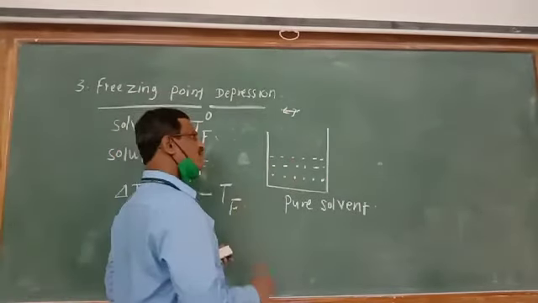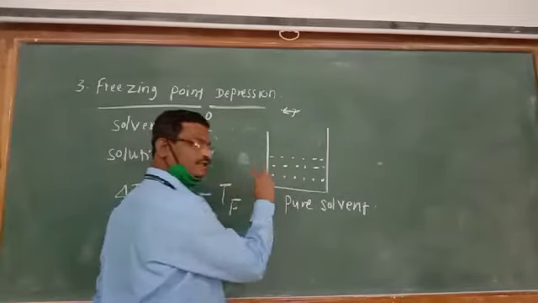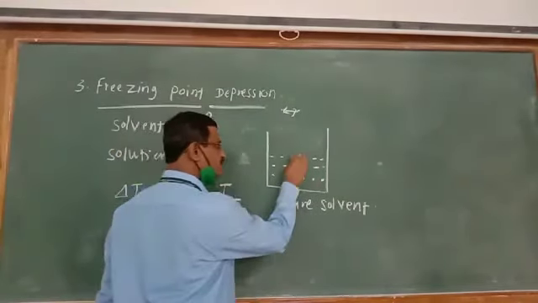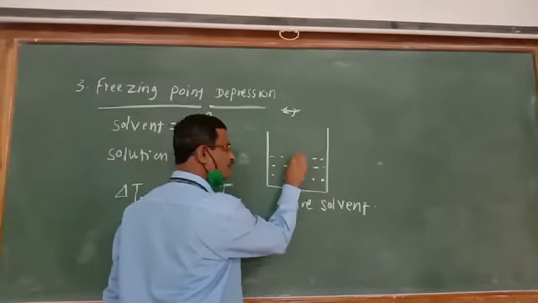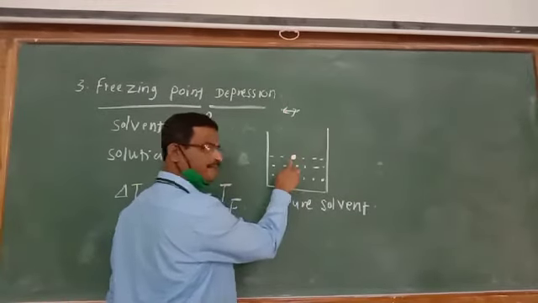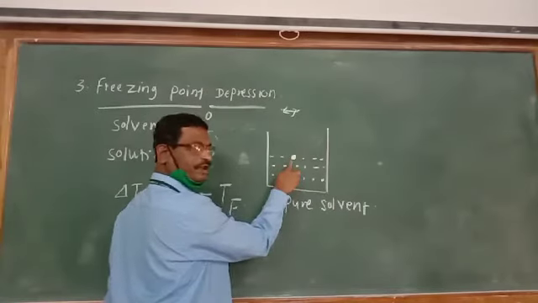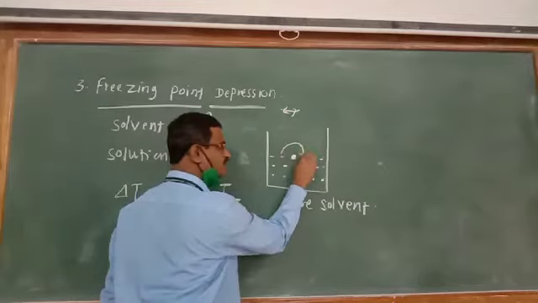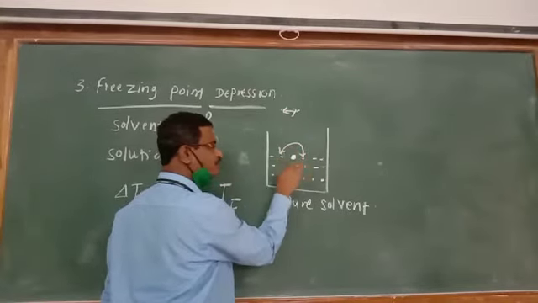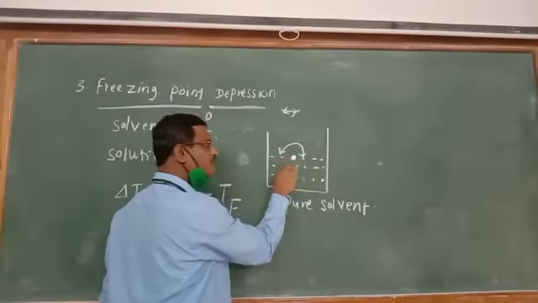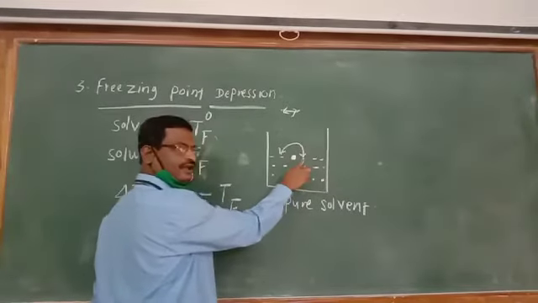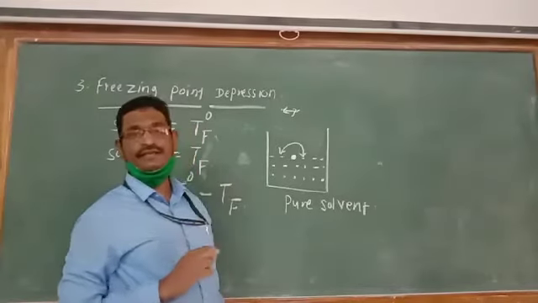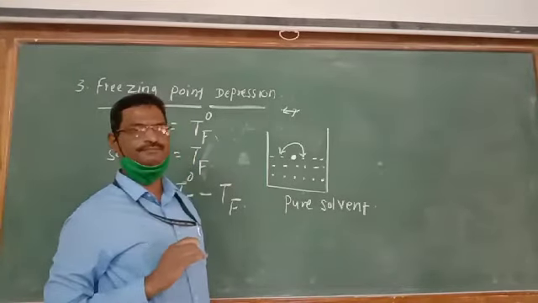But if the solute is added, some of the solute molecules replace solvent molecules. Let us consider this is the solute molecule which is replacing the solvent molecule. Now for freezing point, what do we have to consider? We have to consider the distance between these two solvent molecules, and now the distance increases. Increase in distance results in decrease in force of attraction.